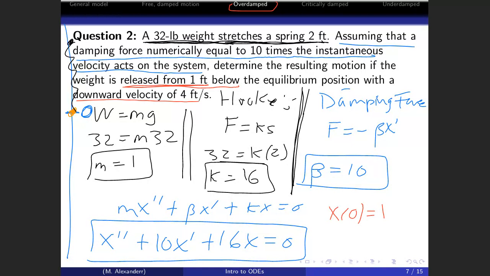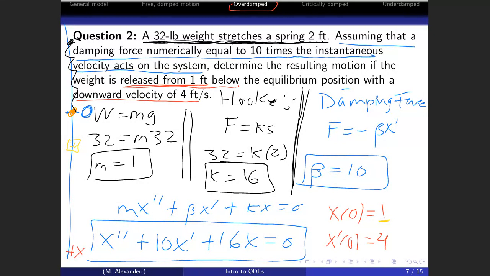Now this mass has been stretched down to 1 foot below the original position. And we are also given a velocity, and the velocity is downwards, so it is positive 4, because downward on this axis is positive. This is the positive x direction.